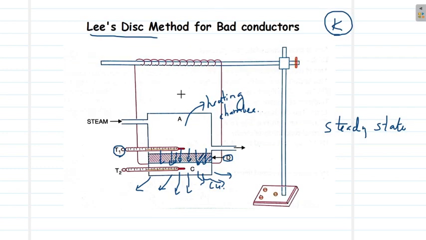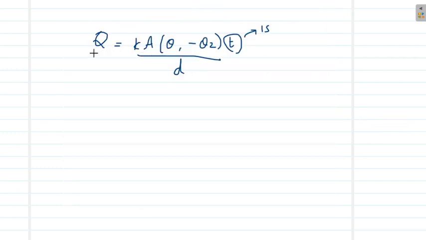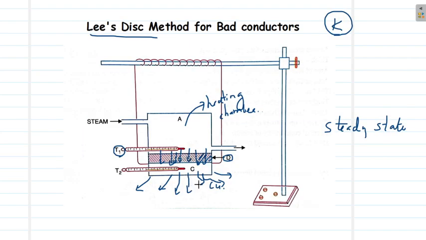Theta 1 and theta 2 are the temperatures measured just below and above this disk. Given these, we can calculate the rate of transport of heat across the bad conductor. Now that Q is equal to the rate of loss of heat through the exposed surface of the disk.